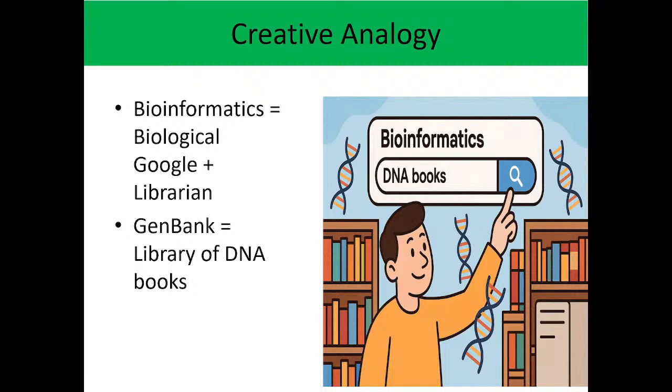So bioinformatics is a biological Google where you can search for information, like an online library. And you will also get GenBank. GenBank is like the library of the DNA. I've already told you about that.